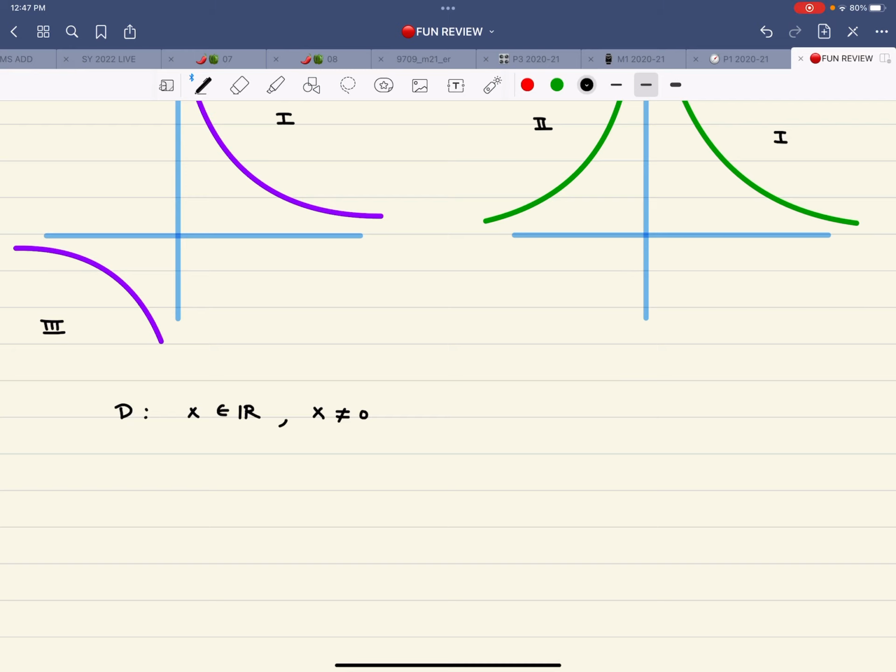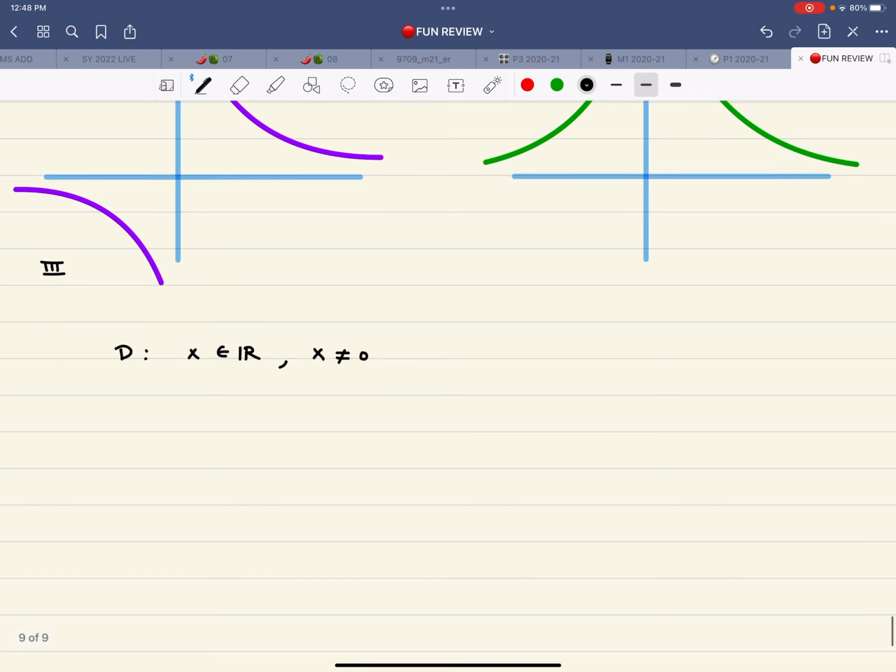Any number divided by 0, the function is undefined. Therefore, the range in this scenario is y or f(x) is also an element of real numbers, but f(x) cannot be 0. The x coordinate is not 0, the y coordinate is not 0.